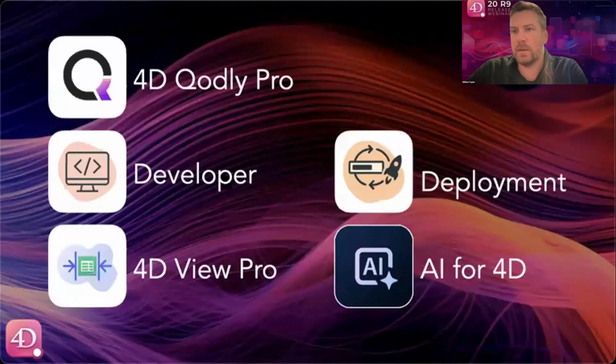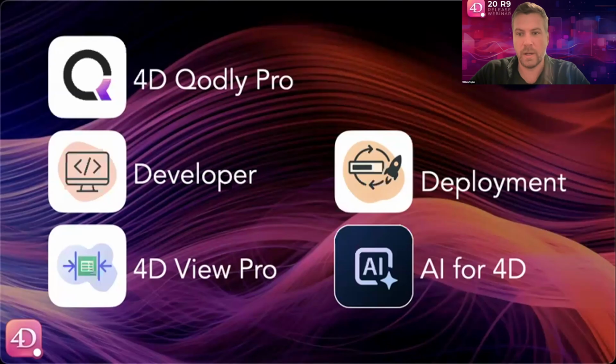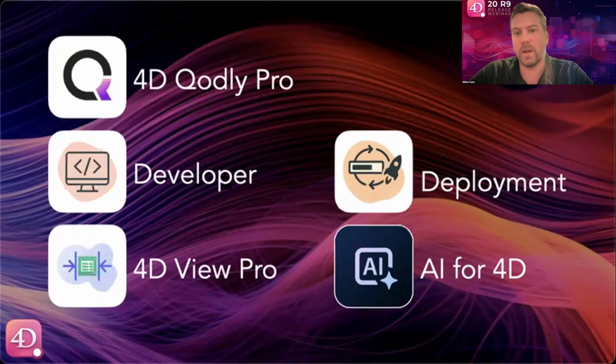So a little bit of the agenda that we're going to be having today. We're going to start with 4D Qodly Pro, where we have exciting news and some really cool demos to share. Next, we're going to go on to AI for 4D and have a special sneak peek about the developments in AI, what's been going on and how the team has been working with AI to make your applications better.